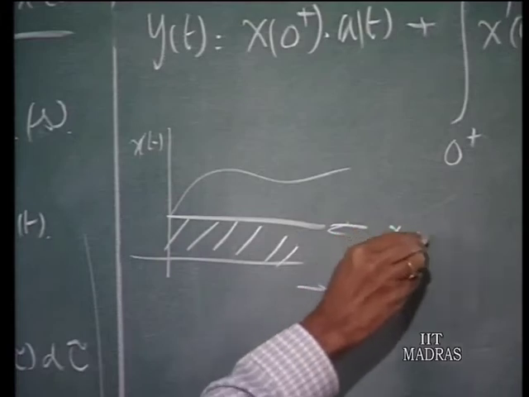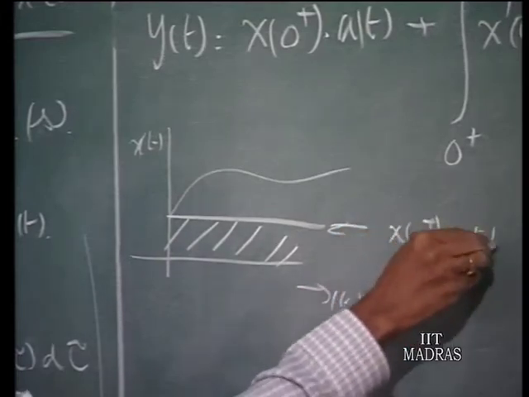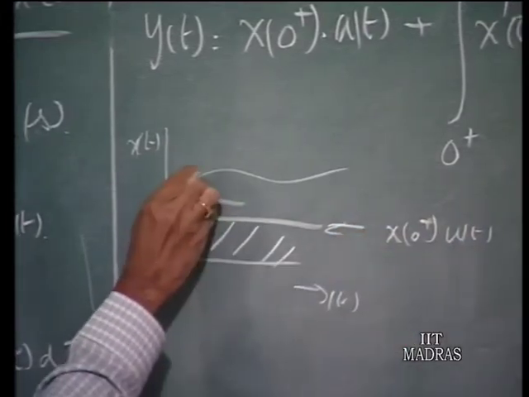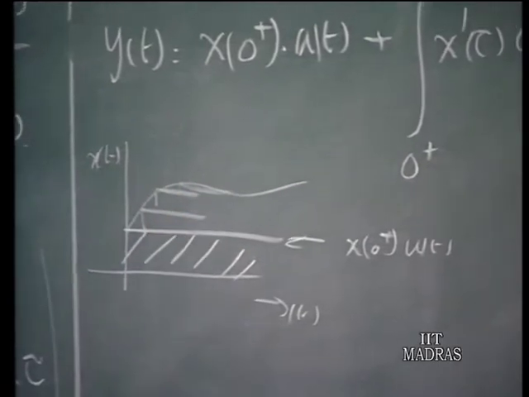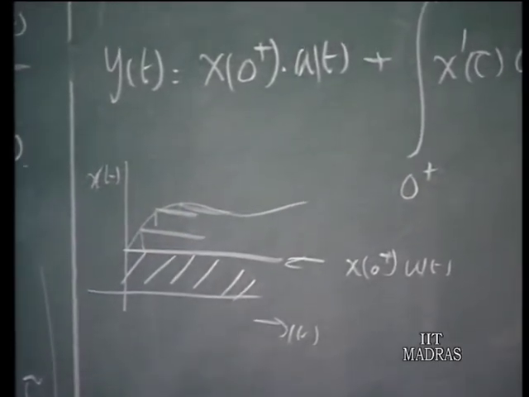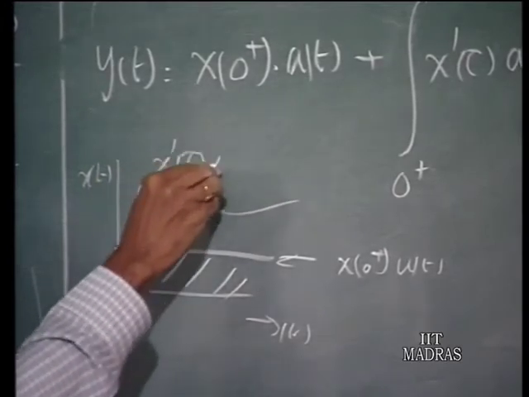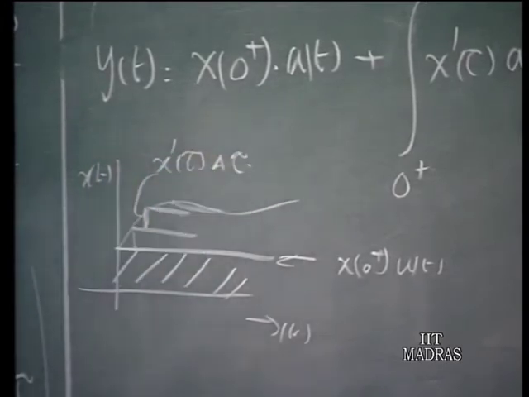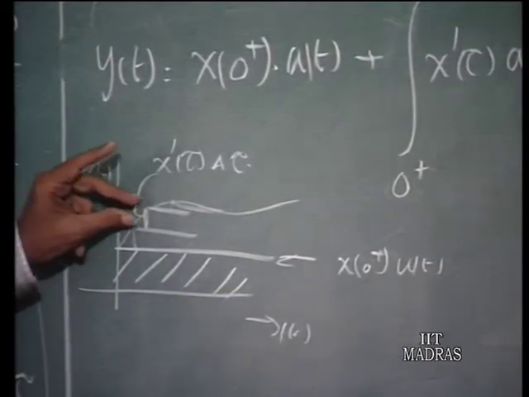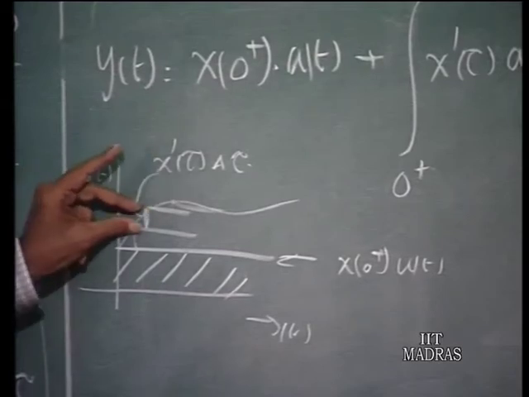This is x 0 plus times u of t plus a number of small steps occurring later on at different values of time, and each of these steps will have something related to x prime tau delta tau. So the given x of t can be decomposed as a number of steps starting with x 0 plus u t, and subsequent steps will have a height depending on the derivative and the interval that you are taking.